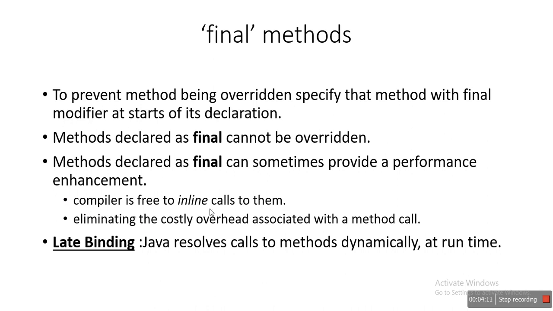Inline calls just means inline methods, which replace the code. Instead of control transferring to that particular method once you call it, the code within the method is replaced at the call. Next is eliminating the costly overhead associated with the method call.